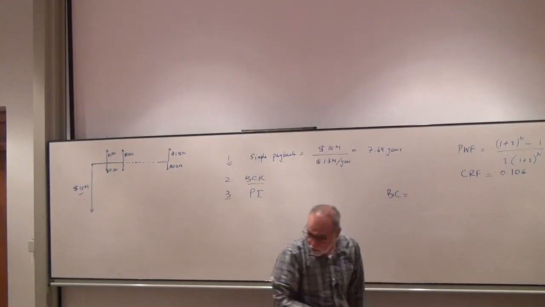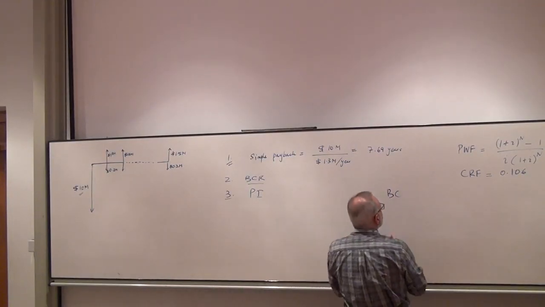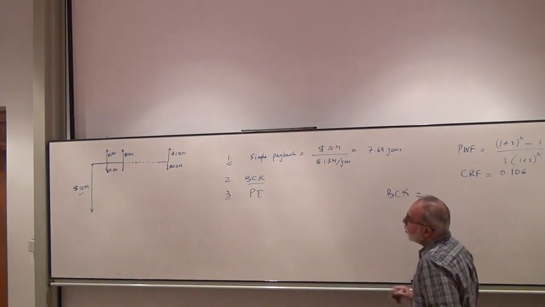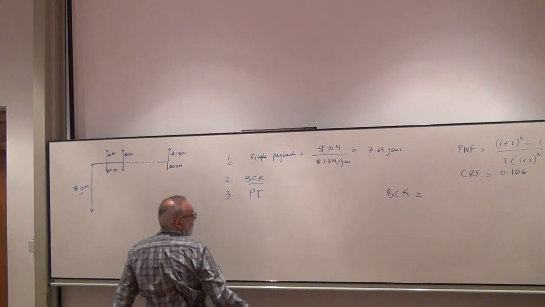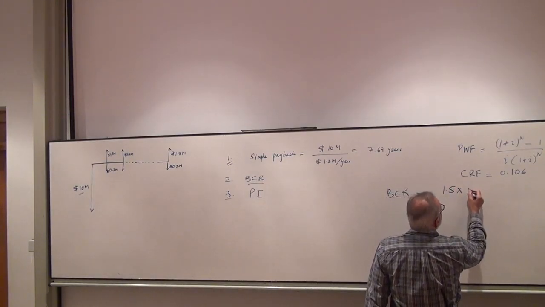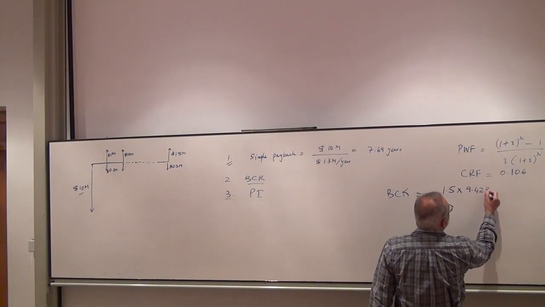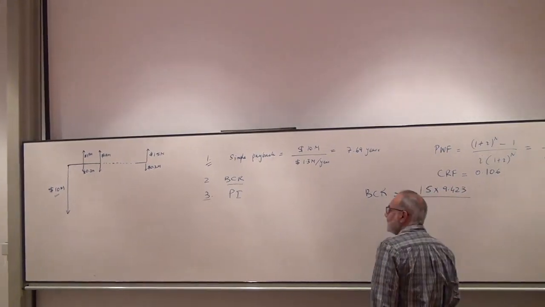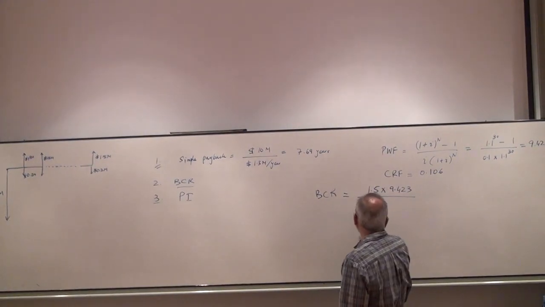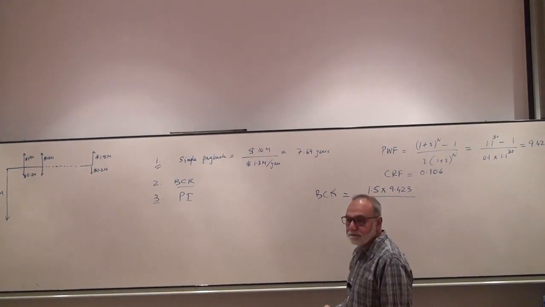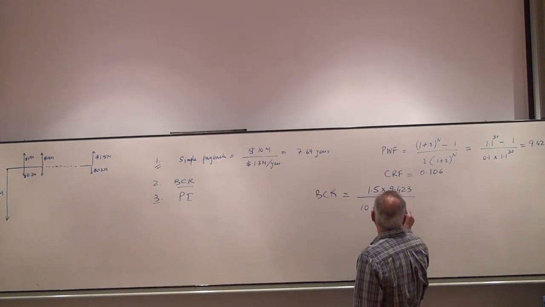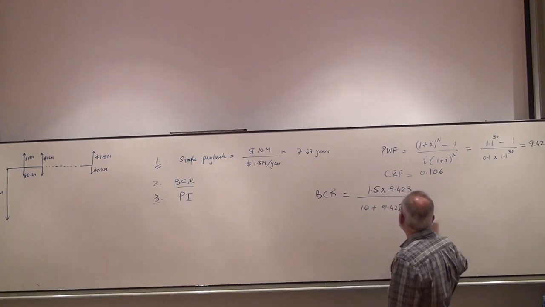BCR is equal to bring all the benefits here, 1.5 multiplied by 9.423, divided by the initial cost, which is 10 million, plus 9.423 multiplied by 0.2.